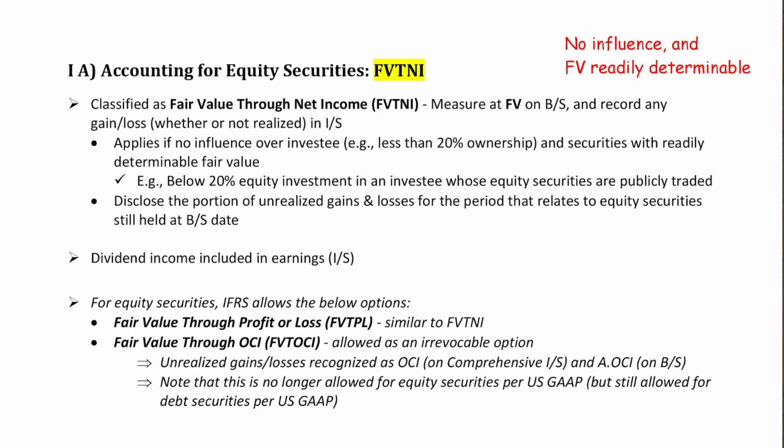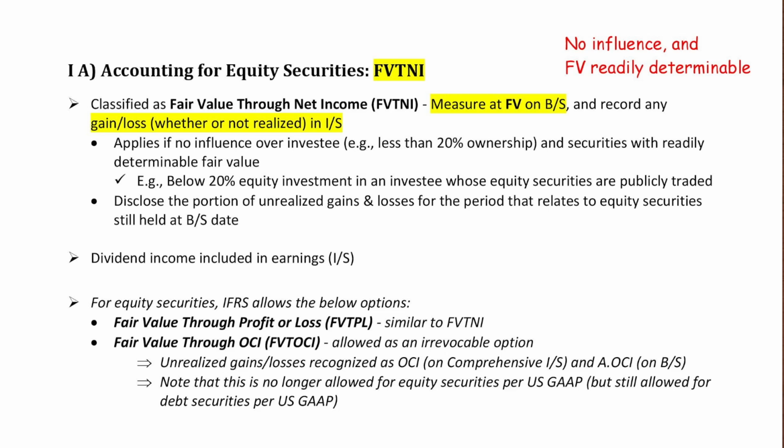So when we say fair value, basically the investment in equity securities needs to be measured at fair value on the balance sheet. And any resultant gain or loss, whether realized or unrealized, is recorded in income statement.